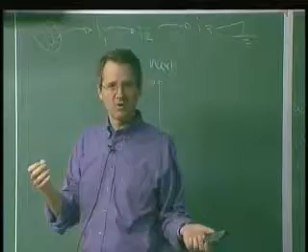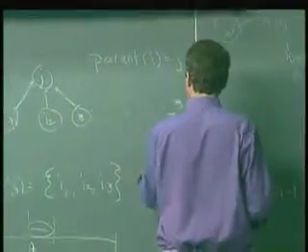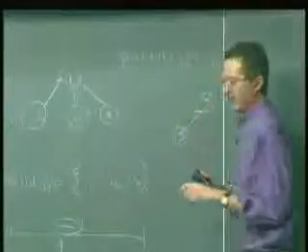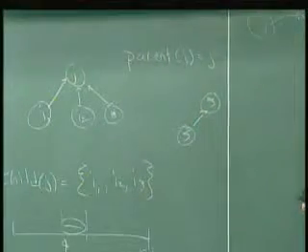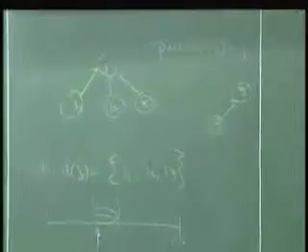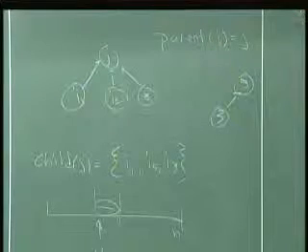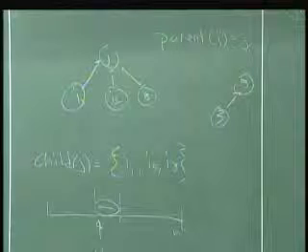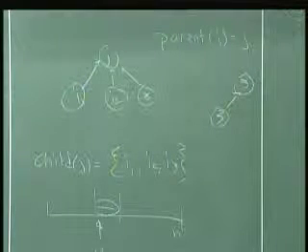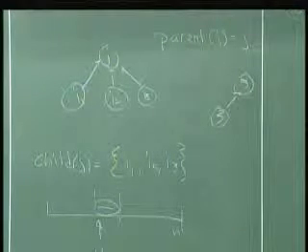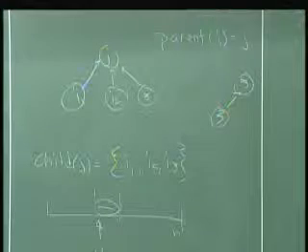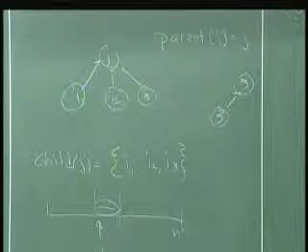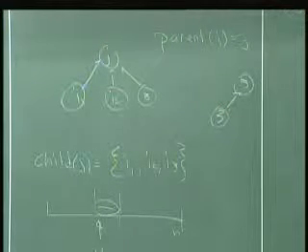If 3 is a child of 5, I could look through the entire graph for the adjacency lists of node 5 and say, well, who's your children? And 5 will say, oh, 3 is my child. No one else will say that node 3 is my child. So node 3 appears in only a single list, and I'm going to exploit that fact to the extreme with this linked list structure.